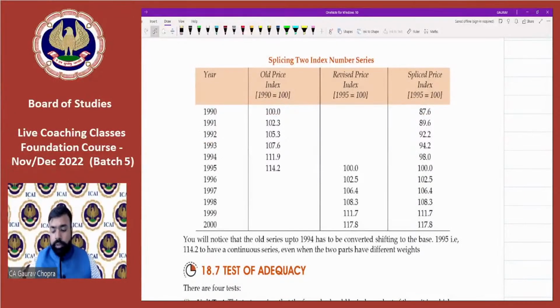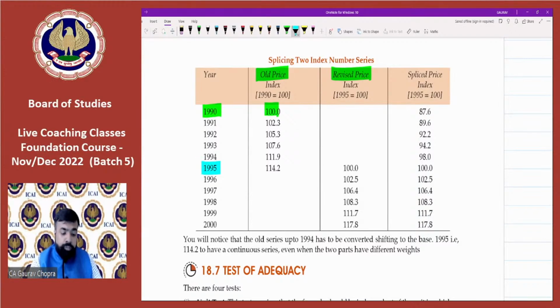Now comes the splicing. Now, what is the meaning of this splicing? Splicing of series means we are having two different series of index number, old and then revised. These are the two series. In the first series, 1990 is the base year because index number is 100.